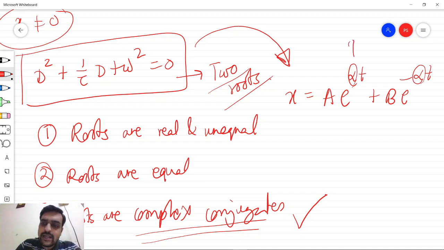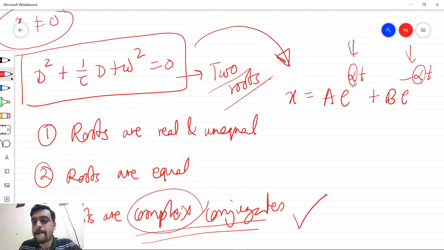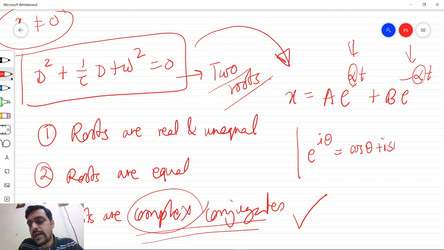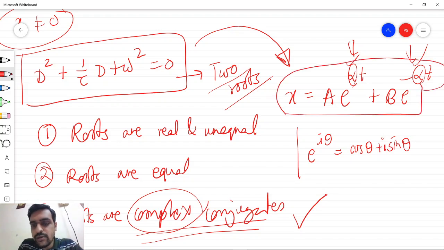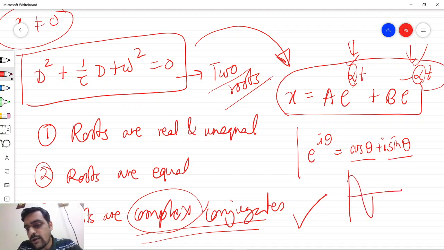So if this alpha is imaginary or complex in general, we can use Euler's formula, which says e raised to i theta equals cos theta plus i sin theta. So if this alpha is complex, then this entire solution is going to have cosine and sine terms, which indicate an oscillatory behavior.